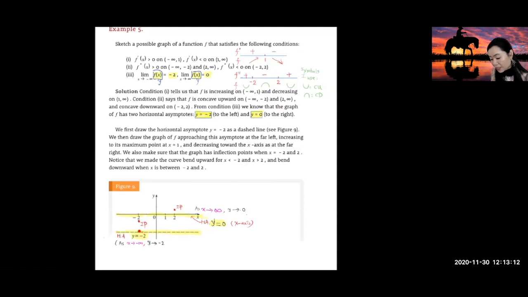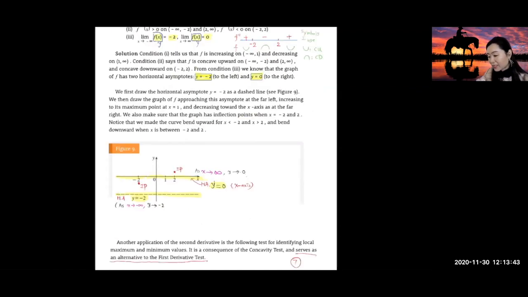When x goes to infinity, on the other hand, the function value goes to 0. So y equals 0, the x-axis, is another horizontal asymptote on this end. One horizontal here and one horizontal here. At this end, it gets closer to this, and on this end, closer and closer to this.